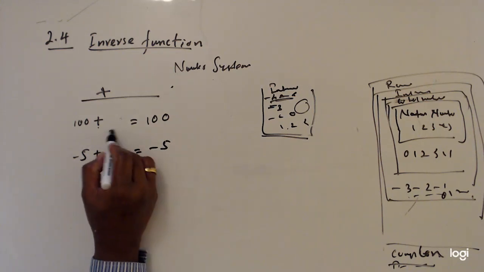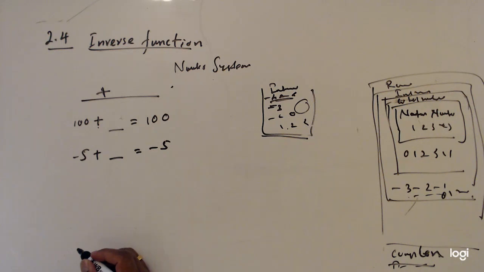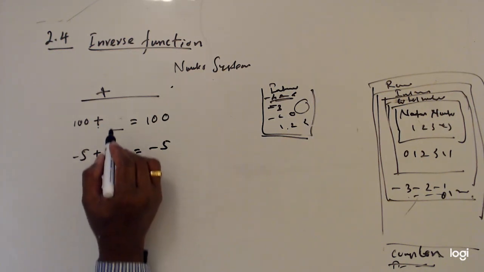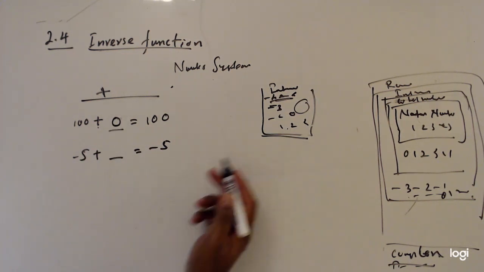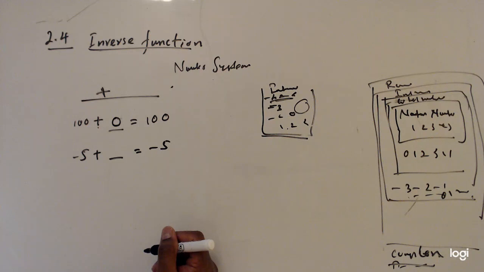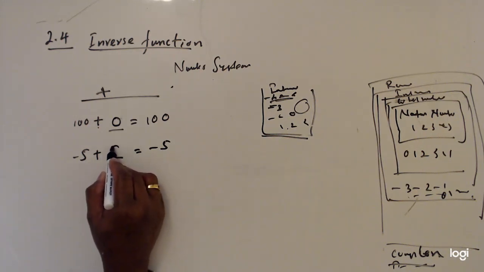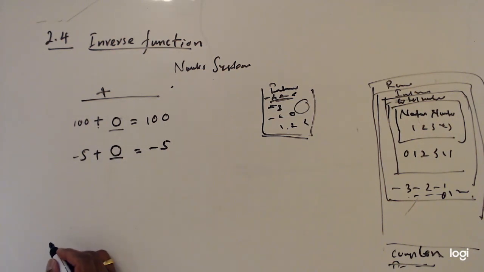So if such a number exists, then it has an identity. Is there any number that exists? Yeah, because 0 is there. If 0 is not there, there's no identity. So when you add 0, you still get this number.